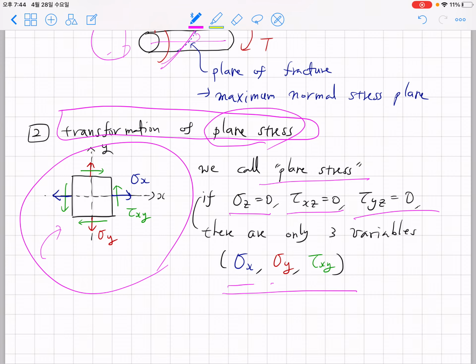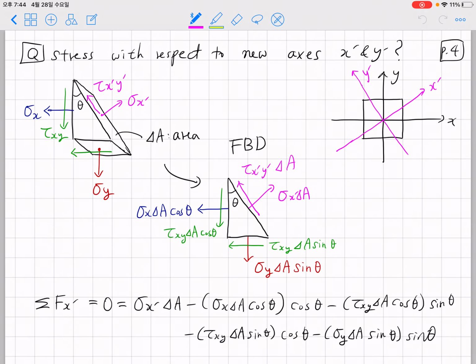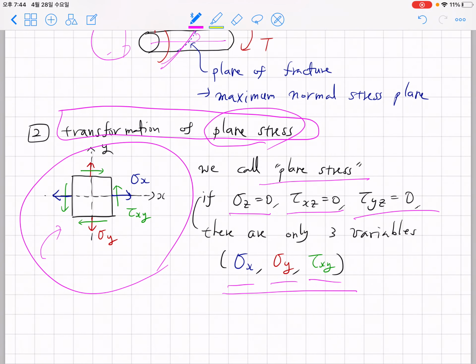Okay, so let's consider this problem. Only sigma x, sigma y, and tau xy are given as variables, and the other components are 0. The question we're going to ask is, what will be the stress with respect to the new axes x prime, y prime? For the x, y axes, we define sigma x, sigma y, and tau xy.